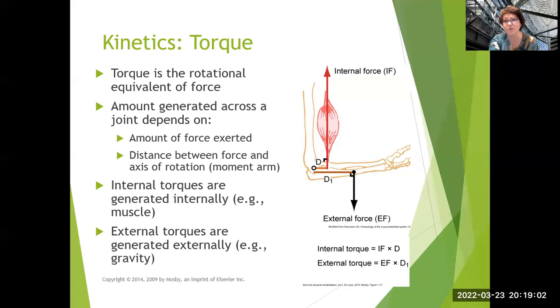It's just a lovely little equation for figuring out the external force based on the moment arm, but I'm not going to expect you to do that. I just want you to get the idea of the concept. So generally in the body, in the joints, internal force is being generated by muscles and external force is being generated by gravity.